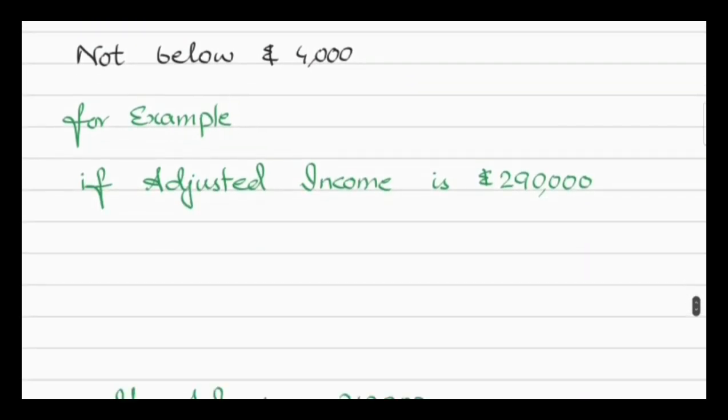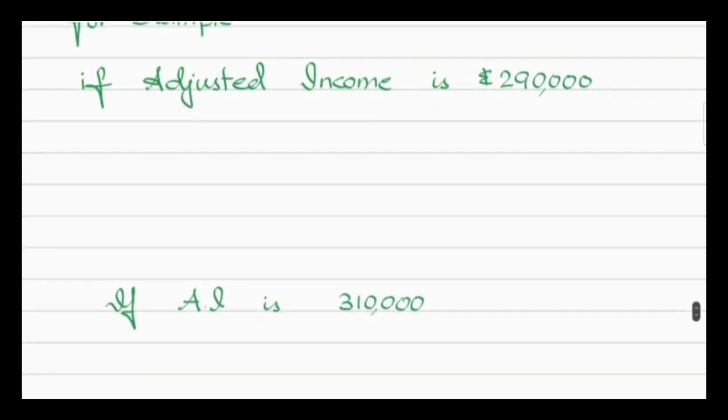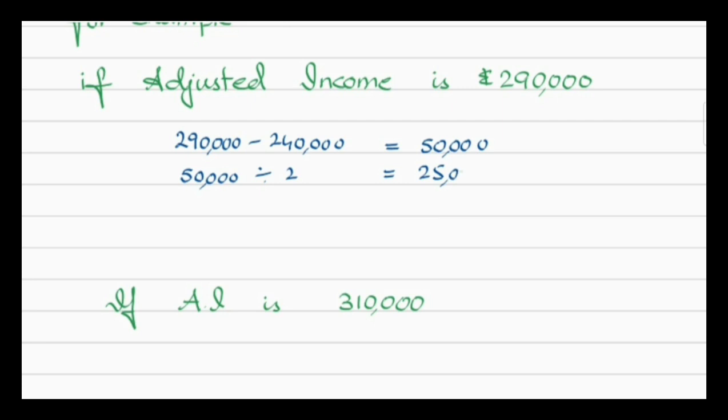For example, if the adjusted income is 2,90,000, in the first step you have to identify how much portion of adjusted income is in excess of 2,40,000. So it is 50,000 divided by 2, and you will get an amount of 25,000.